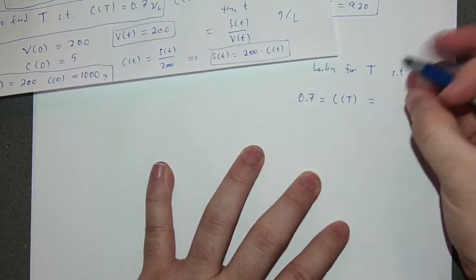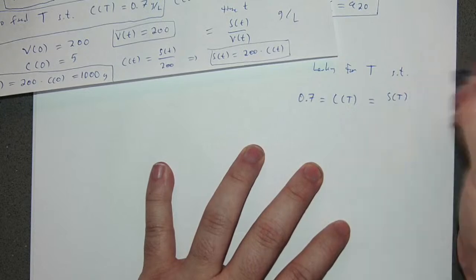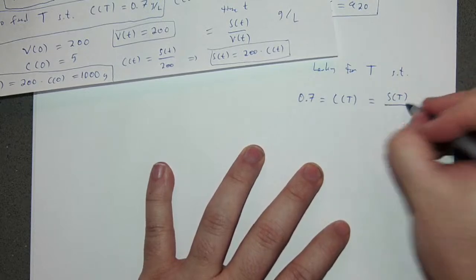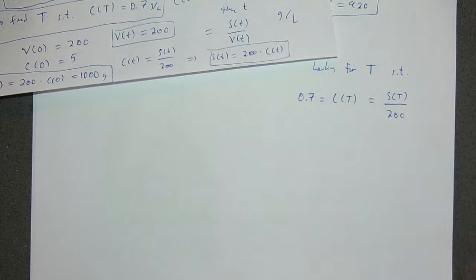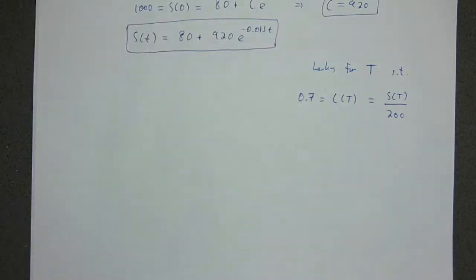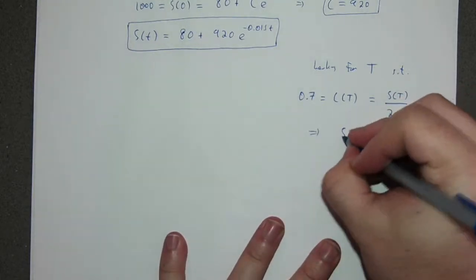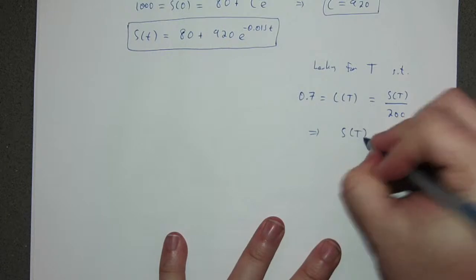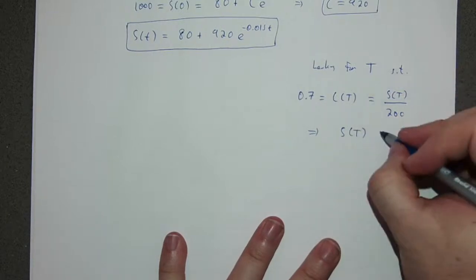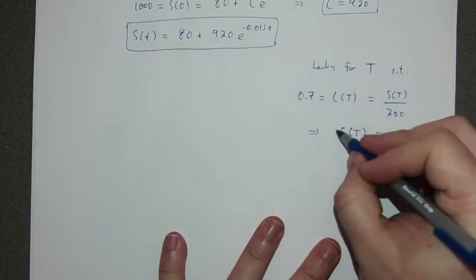but the concentration of big T is S of big T over 200. Multiplying 200 times 0.7, this means I'm looking for a big T such that S of T is equal to 140.